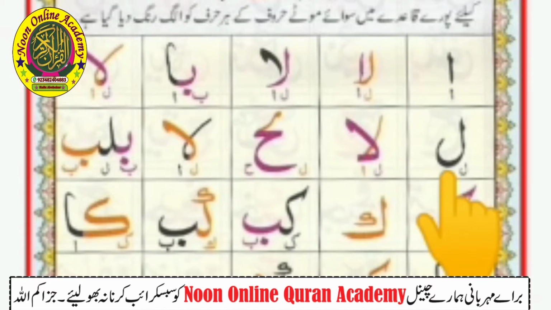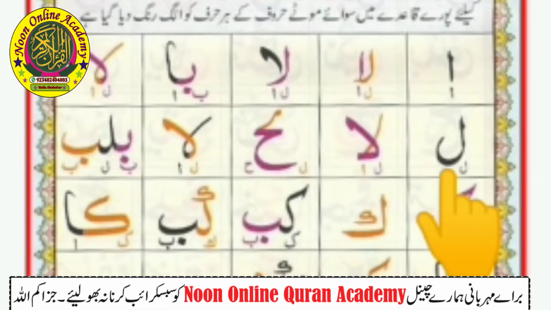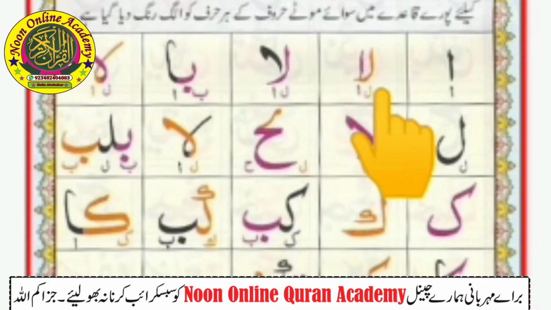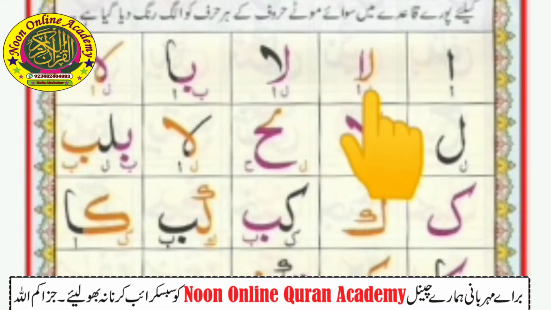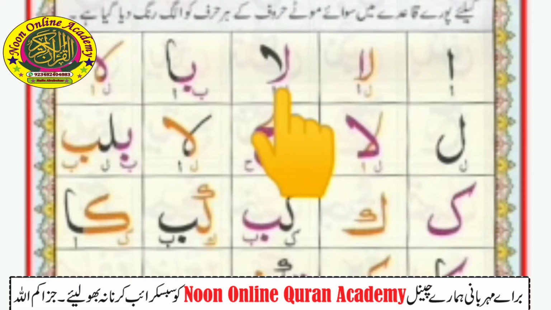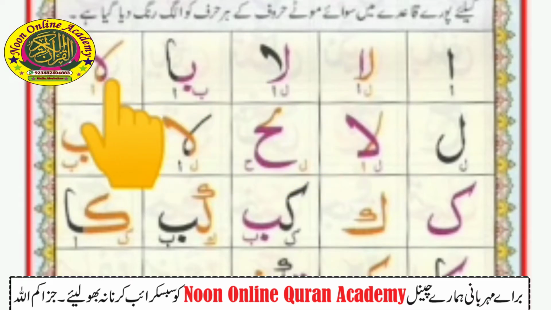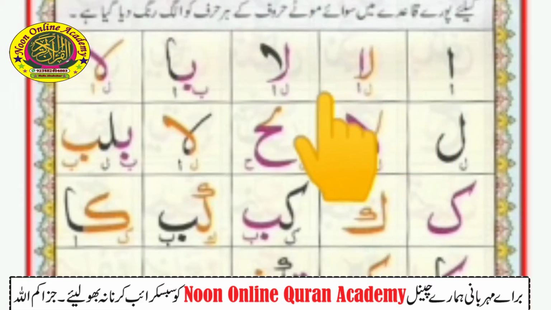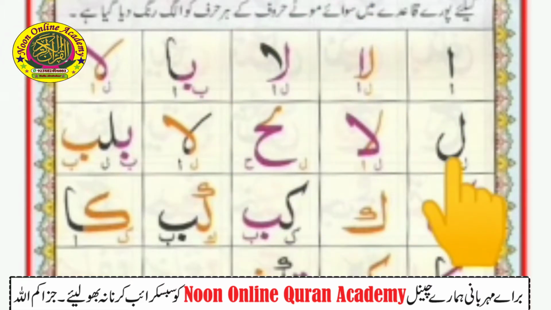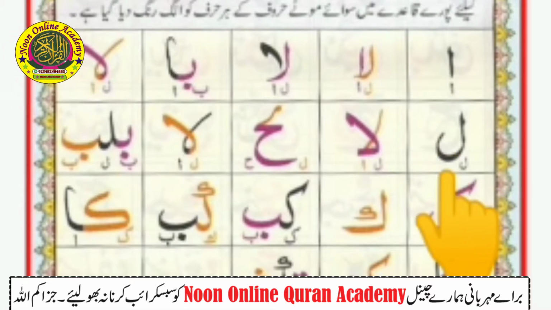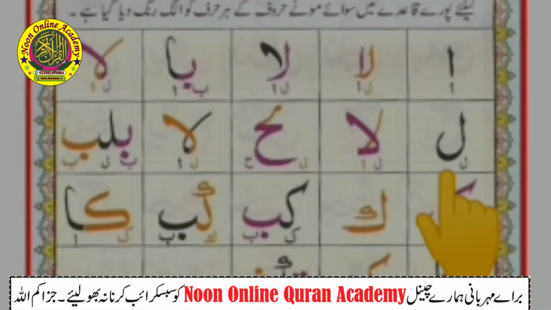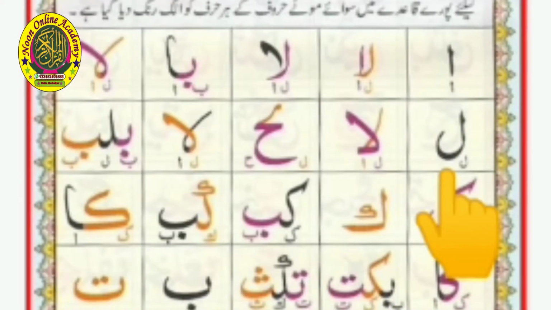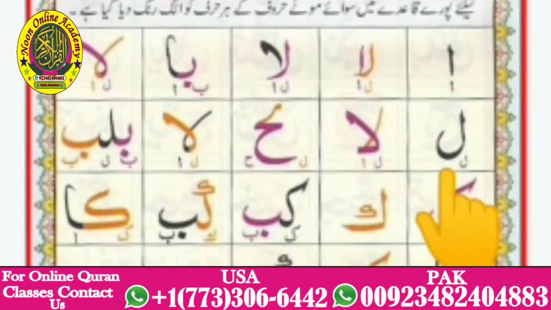This is the complete shape of lam, and these are half shapes of lam, like this: lam, lam, lam. These are the half shapes of lam, and this is the complete shape of lam. Please remember the shapes of different letters.